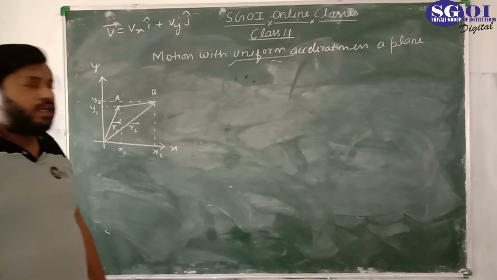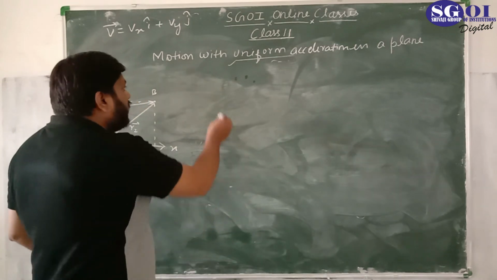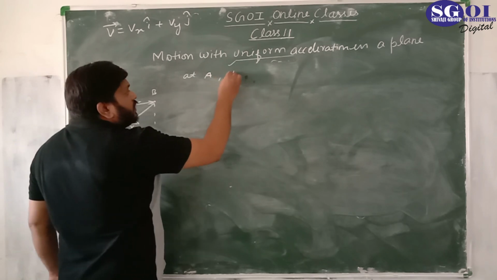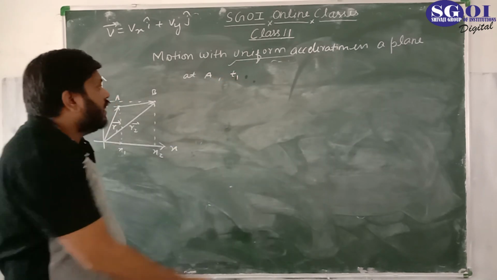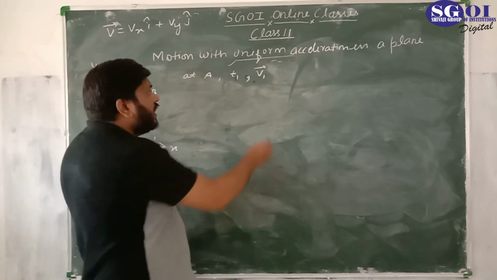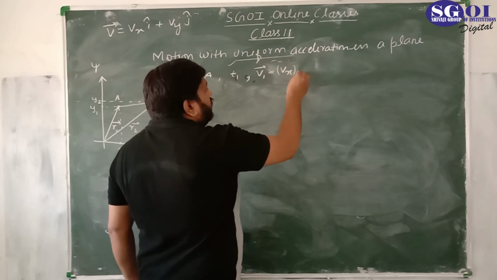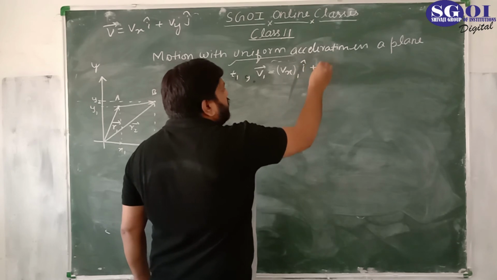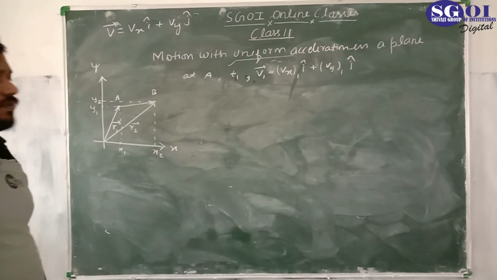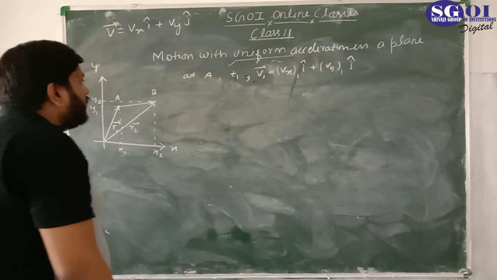Now we know this is uniformly accelerated motion, which means there is an acceleration. If at time t1 the velocity is v1 vector, where v1 vector is vx1 i plus vy1 j, this is velocity and this is time.